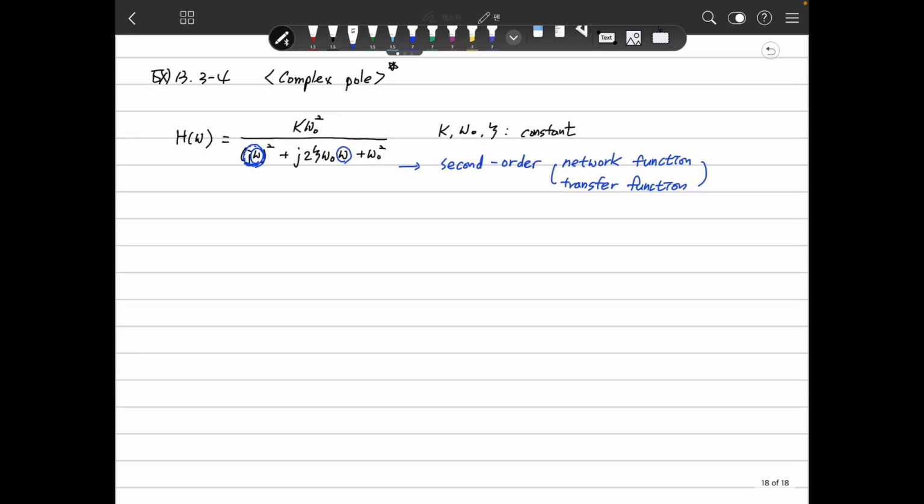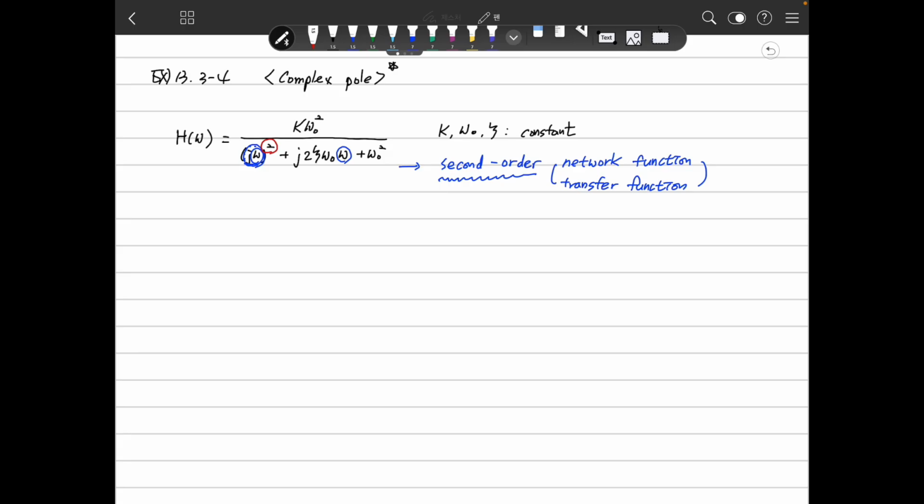What's the meaning of second order? Because in the denominator, the maximum order of omega is second. So we call this a second order network function.